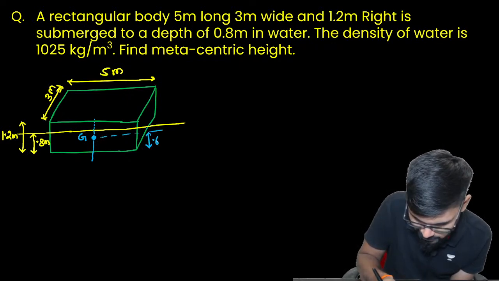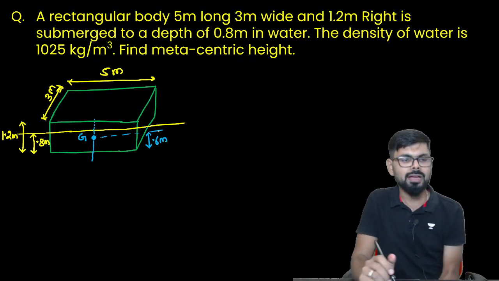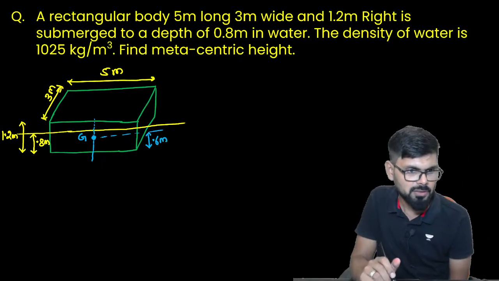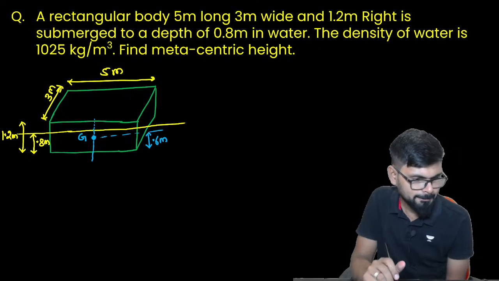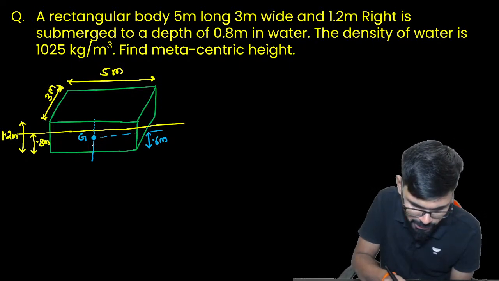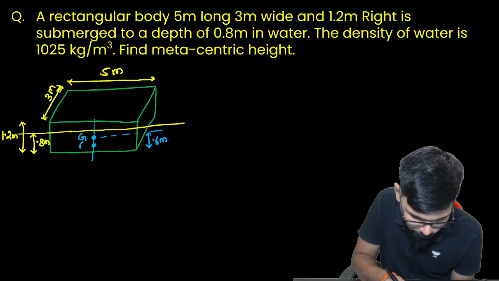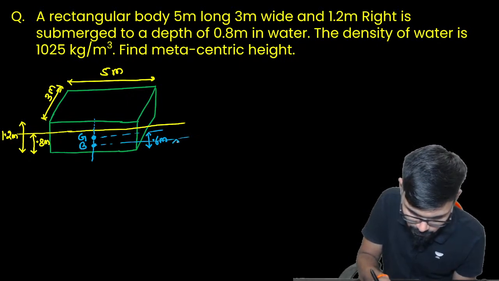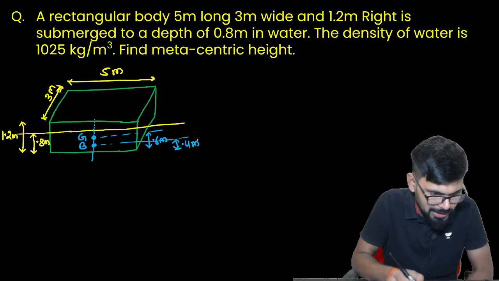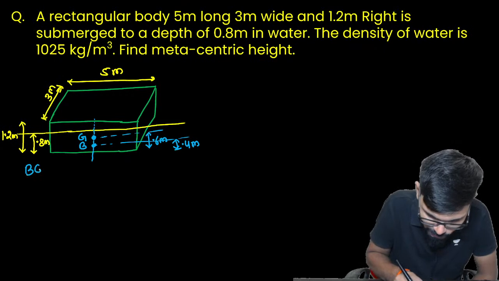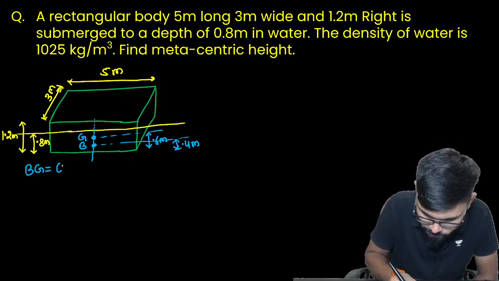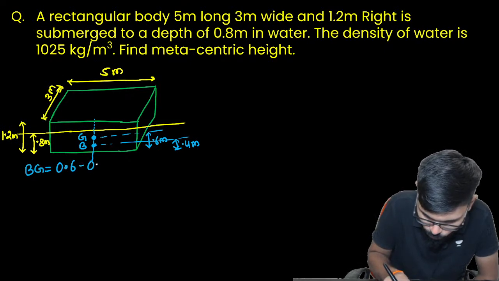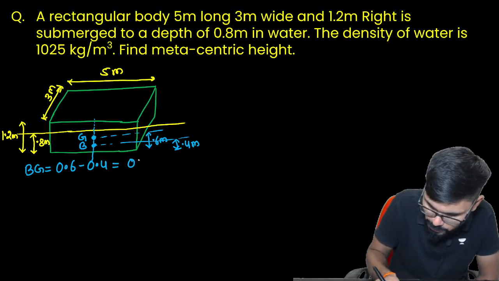And B is going to be somewhere here, the mid of this one, so it will be at 0.4 meter. So what is the value of BG? BG is 0.6 minus 0.4, that is 0.2 meter.